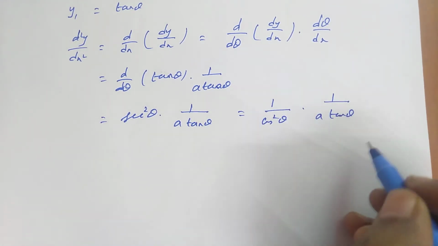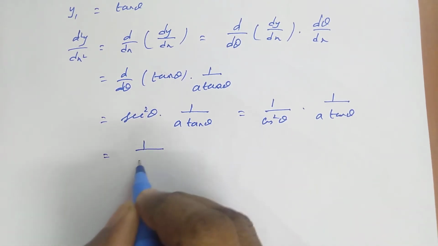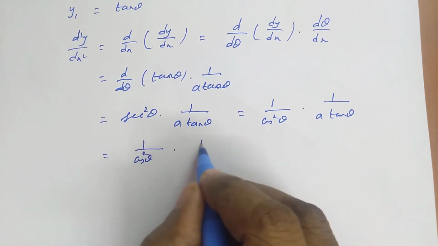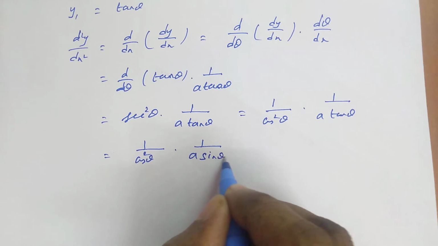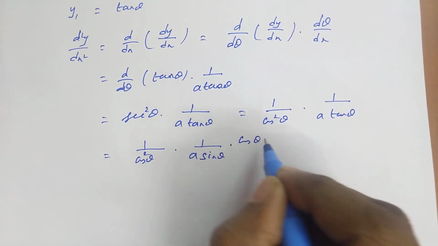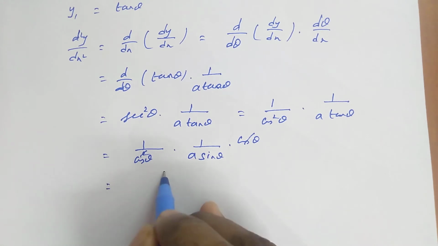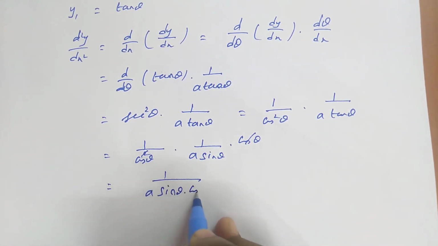Now tan theta can be written as sin theta by cos theta. So 1 by cos square theta into 1 by a into sin theta divided by cos theta, that we can write in the numerator. Now you can cancel the cos theta and cos theta. So 1 by a into sin theta into cos theta.